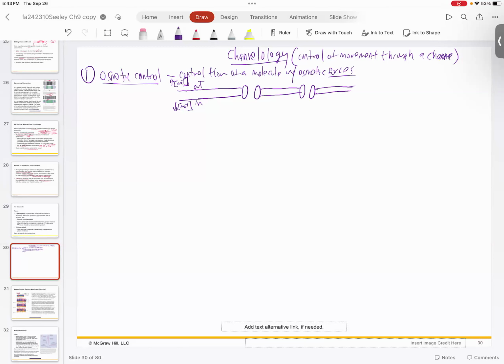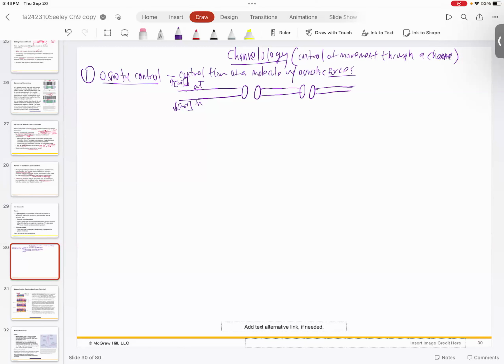Yes, thank you, Ashley. A flow from an area of high concentration to low concentration. Specifically, with diffusion, the flow we're talking about is the flow of solutes. It's the movement of solutes from an area of high concentration to low concentration.